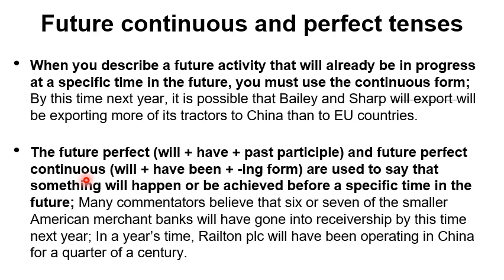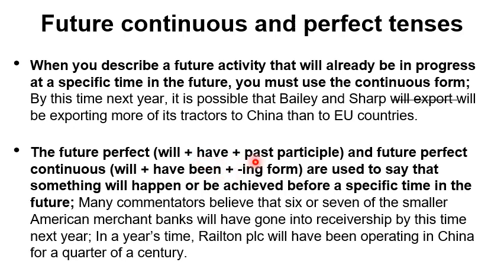In this situation, we need to use the future perfect: will have plus past participle. Or sometimes we need to use the perfect continuous: will have been plus verb plus -ing form. These are two examples for future perfect and future perfect continuous.